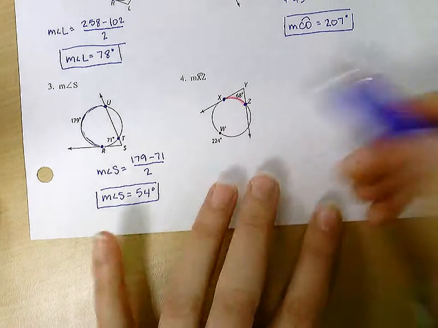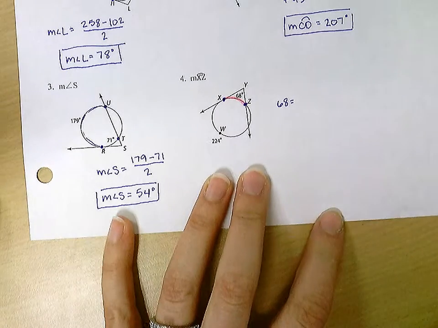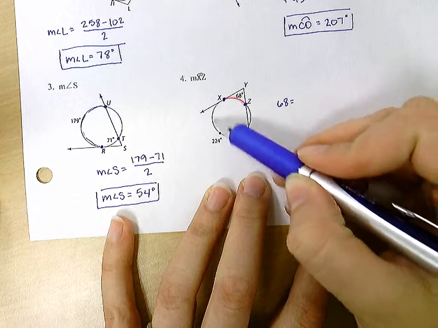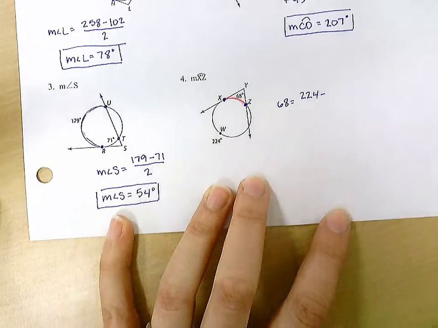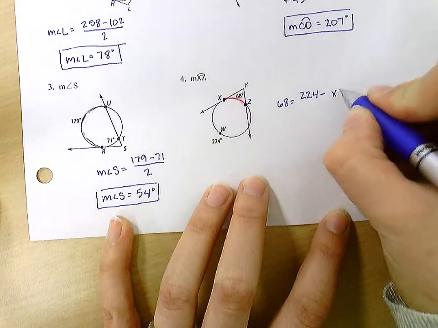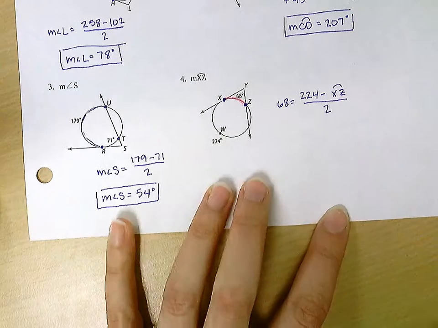So my angle measure, which is 68, is equal to my larger arc, which is this one right here, of 224, subtracting my smaller arc, which is XZ, and dividing by 2.